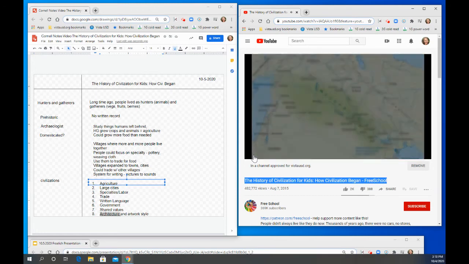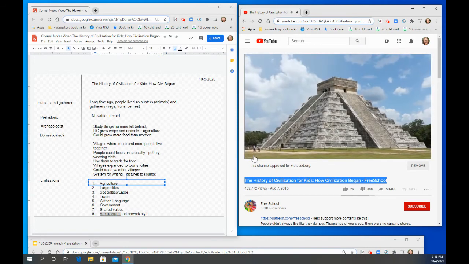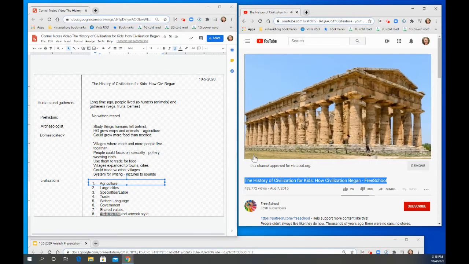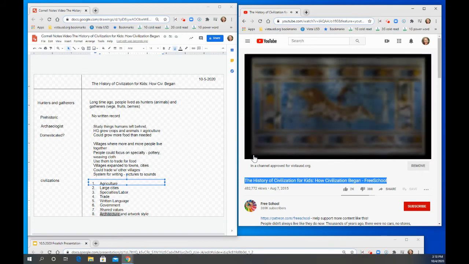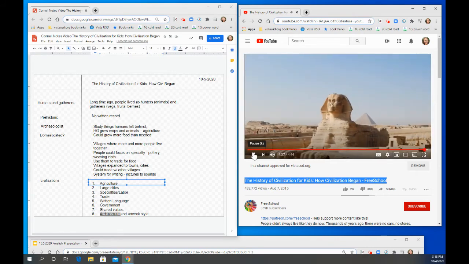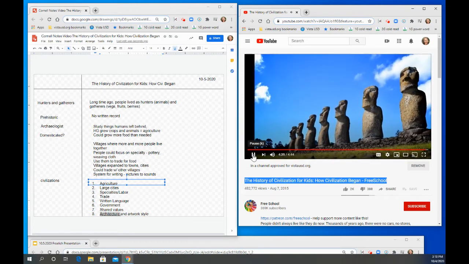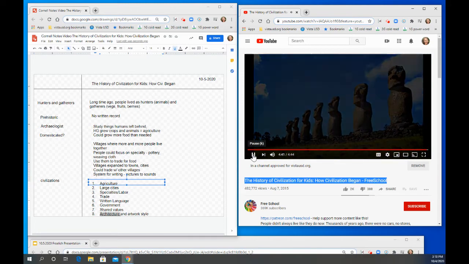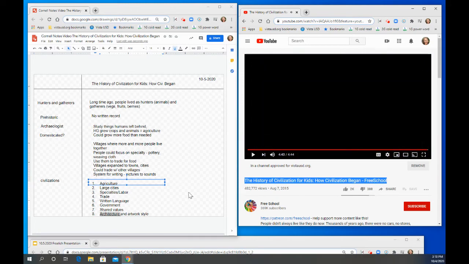Since then, many different and fascinating civilizations began popping up all over the world, and there are still many today. Do you think you can name any civilizations? All right, so the last little detail it said was that one of them is Mesopotamia, the first one, but we're actually going to study Mesopotamia, so I'm not going to add that to my notes just right now.